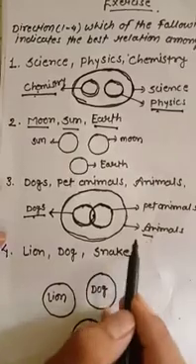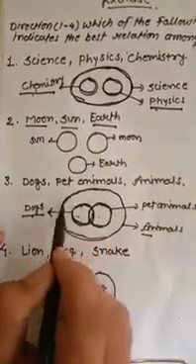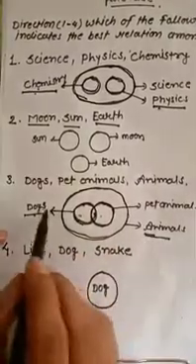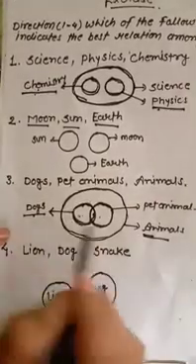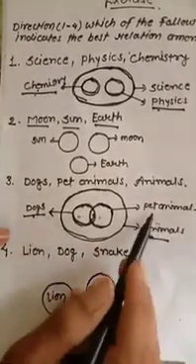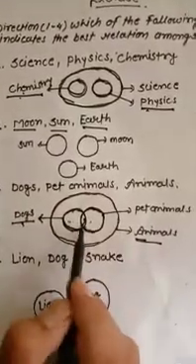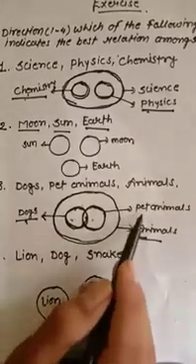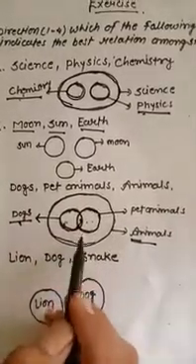So both circles will be covered by a bigger circle, which says that these are the animals. We can say that all are animals, whether dogs or pet animals. We also can say that some dogs are pet animals, not all dogs. And some pet animals are dogs, not every pet animal is a dog. So I hope this is clear.